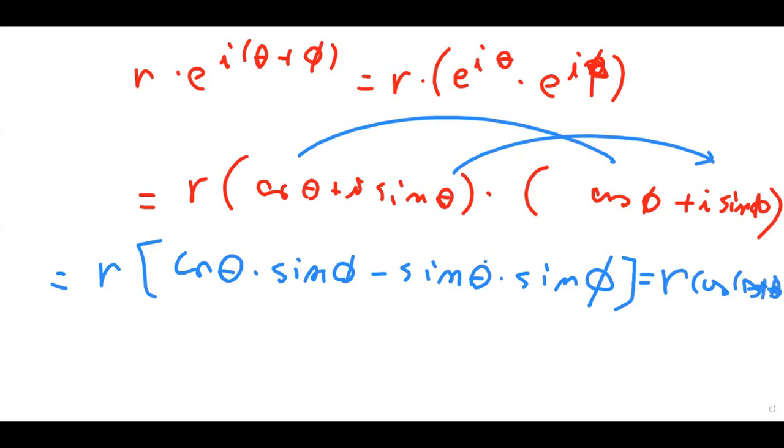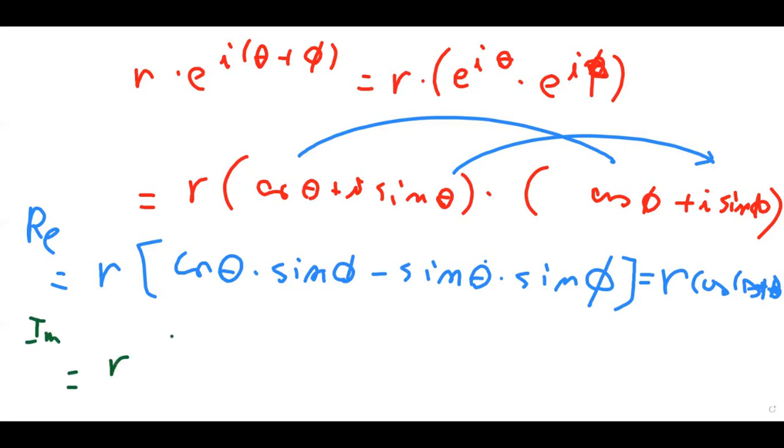Let's try another one. The blue one is the real part. Now for the imaginary part, let me not use the blue color, it is no good, you get confused. So that is the imaginary part.